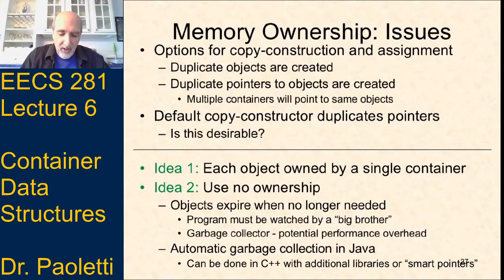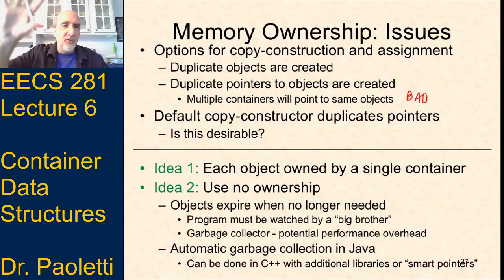This is usually a bad thing to do. If we're really careful, we might do it. Like I said, we might have a master copy of the data that we don't change and don't make copies of, and I've got another container that points into it. If I'm really careful and make sure I get rid of the one that points to the objects before I get rid of the objects, I might be able to do that. But we've got to be really careful if we do that.